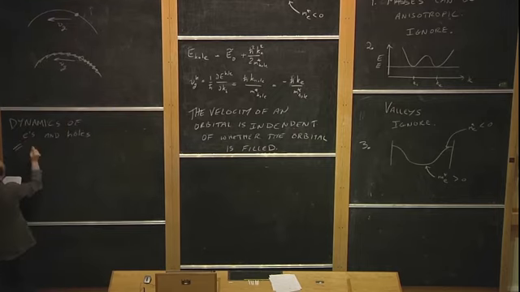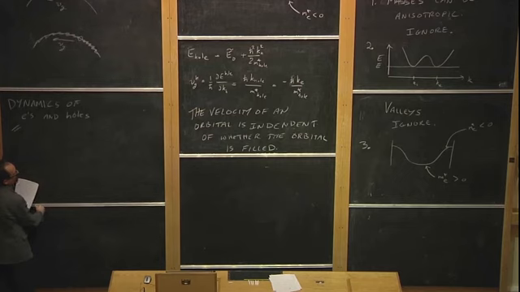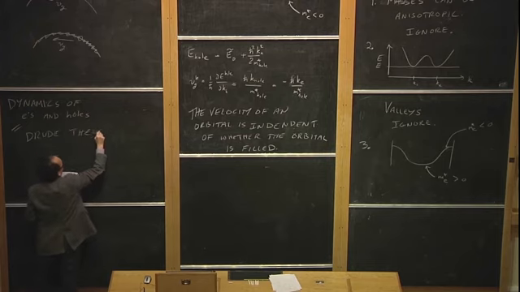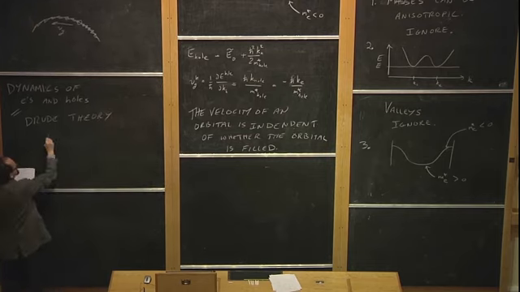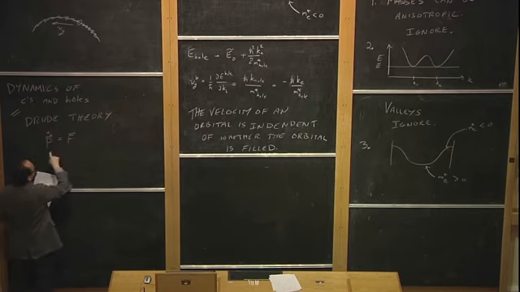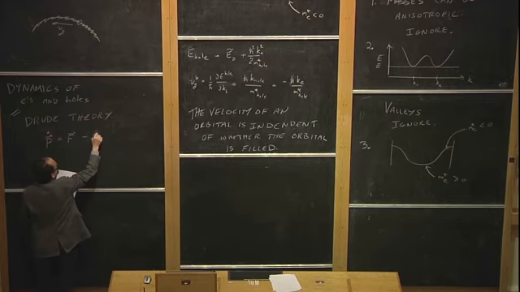The simplest way to handle dynamics is what we started the term with, which is to think about Drude theory. So we're back to Drude theory after many weeks. And so let's recall the Drude equation that we derived: p dot equals F, just Newton's equations with a drag term, p over tau.